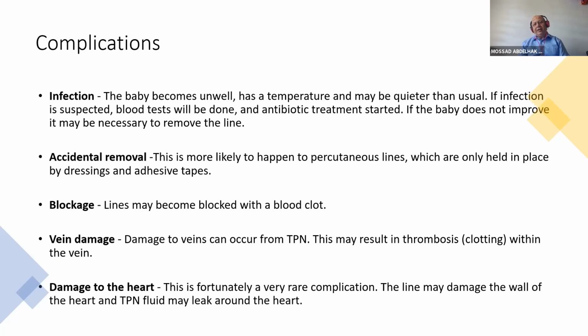Whether you are inserting a UVC, a PICC, or even a central line, don't go inside the heart. Also, if there is infiltration of the fluid, you can get a collection of the TPN inside the chest, which can cause distress.